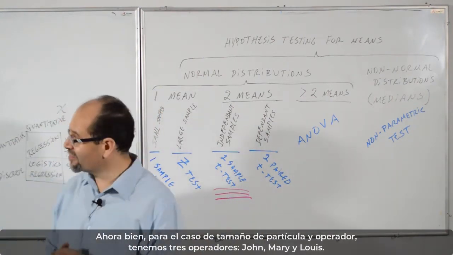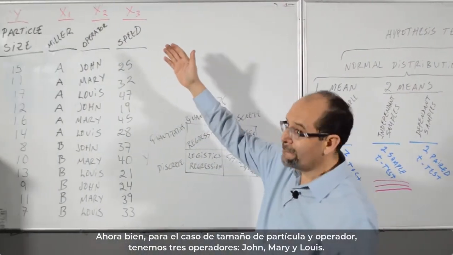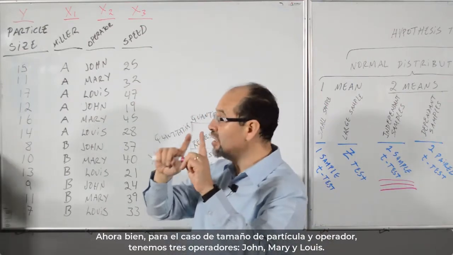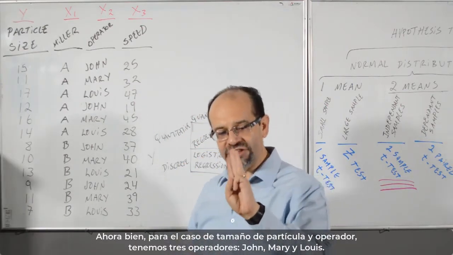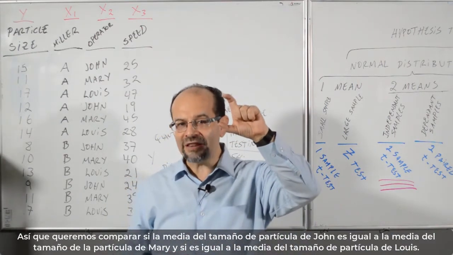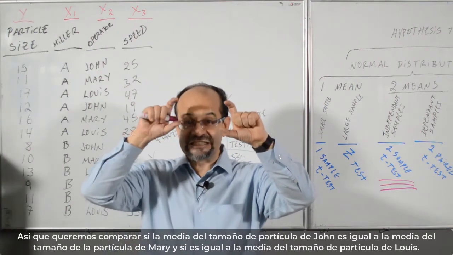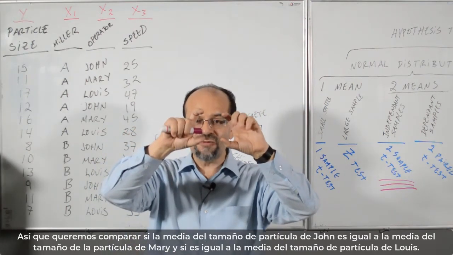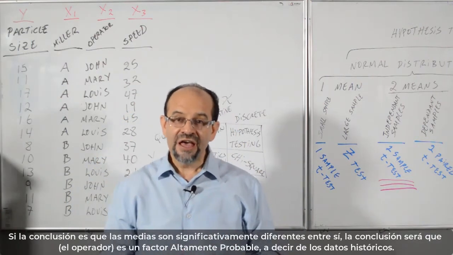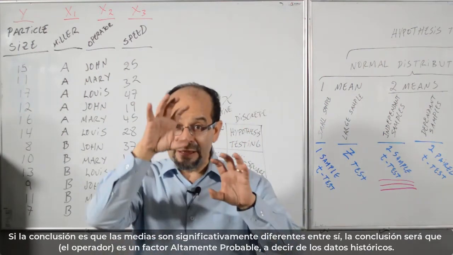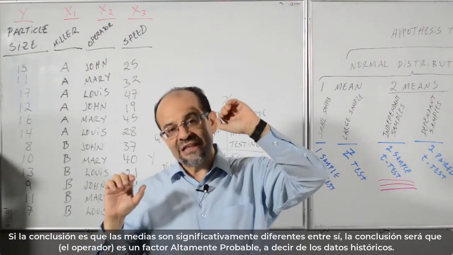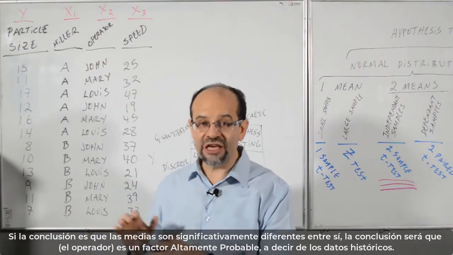Now, on the other hand, in the example of particle size and operator, we have three operators. We have John, Mary, and Louis. So I want to compare if the mean of the particle size for John is the same as the mean for particle size of Mary, and is the same as the mean for particle size of Louis. If my conclusion is the means are different from each other, there is a significant difference, the conclusion will be that's a highly likely factor according to the historical data.